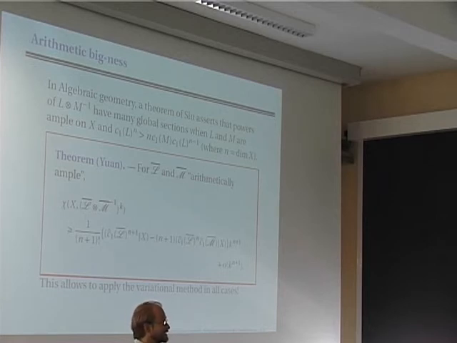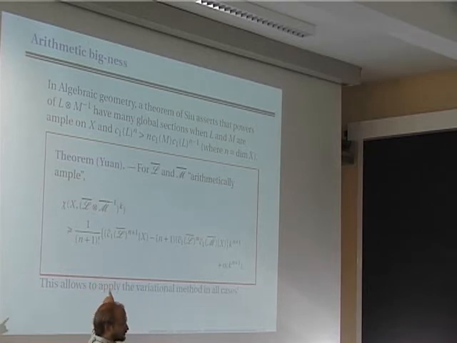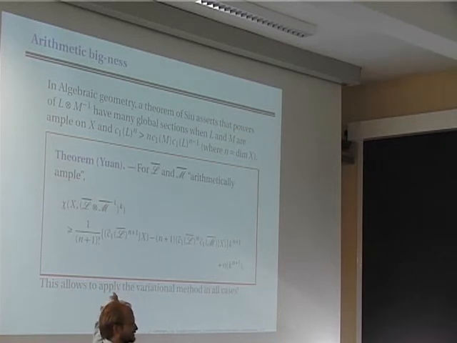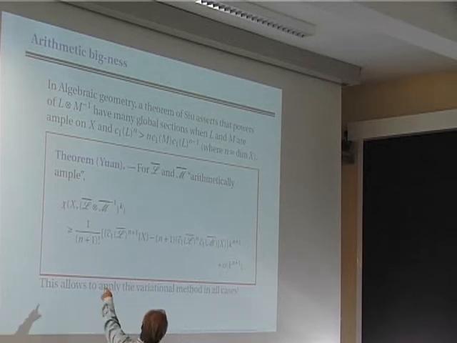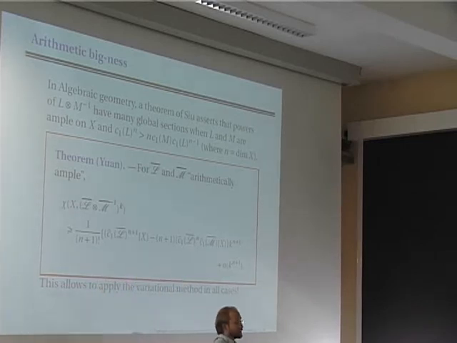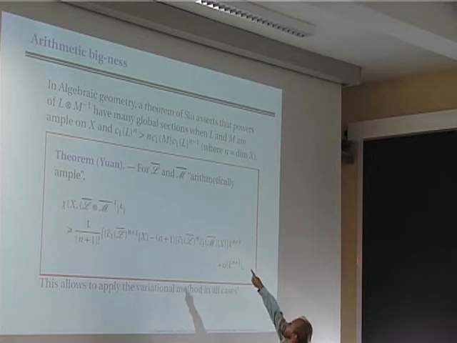So I will still have an inequality. The analog is due to Zhang's student, Yuan. If you take two line bundles L bar and M bar, which are arithmetically ample, I don't want to define what it means, then the chi number of the divisor, the metrized line bundle L bar times some M bar minus 1 to the power k, will be at least equal to this term, which looks exactly like Siu's second formula.